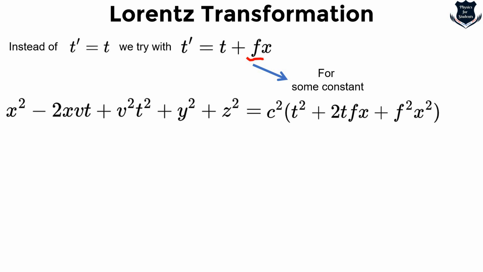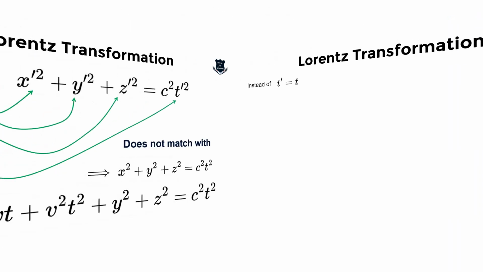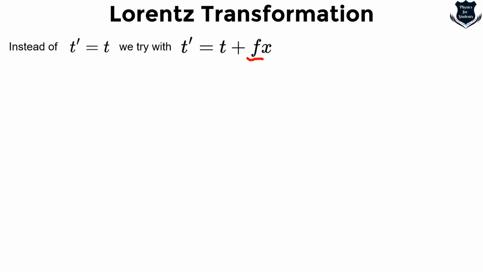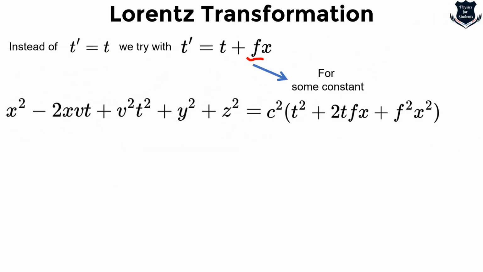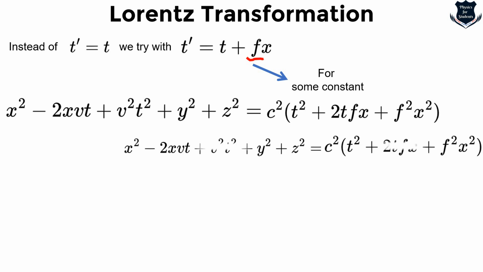So instead of c squared, the earlier equation, let me go back to this one. Yes, c squared t squared: here you see this t squared is substituted by t plus fx, and in a similar way I have just expanded it with simple algebra. And here we note that, so we have written this one again.